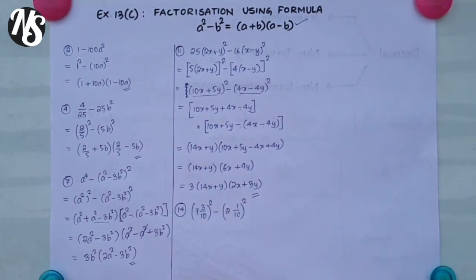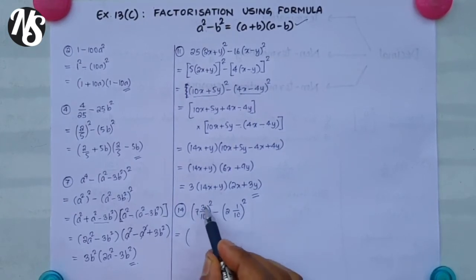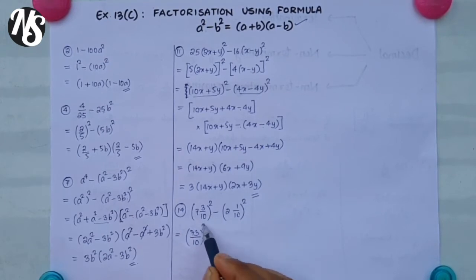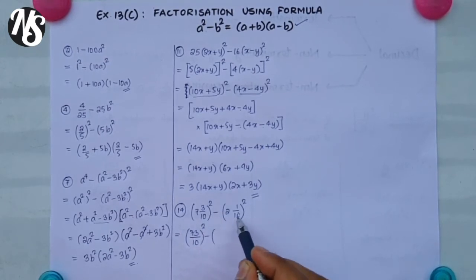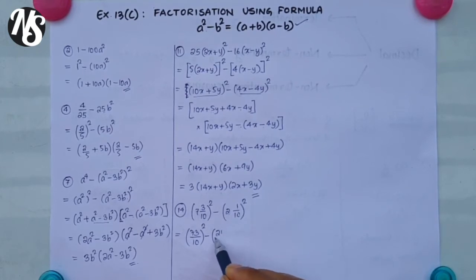Now let's take question number 14. So question number 14 contains this particular thing. First and foremost, let's convert this mixed fraction into an improper fraction. So 10 into 7 is 70 plus 3 is 73 by 10. We have square minus, so this is 2 into 10 is 20 plus 1 is 21 by 10 whole square.